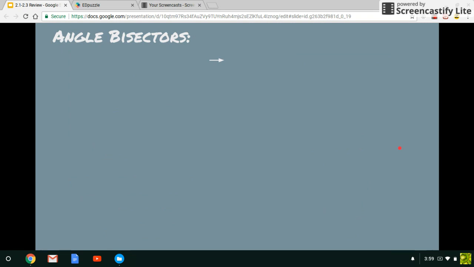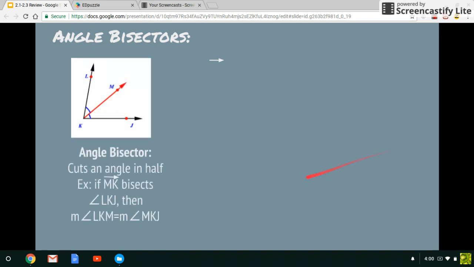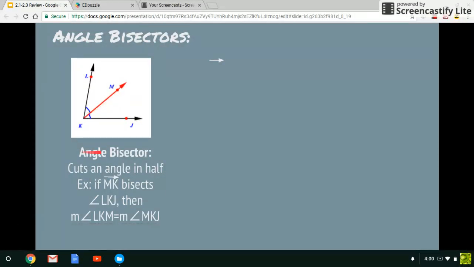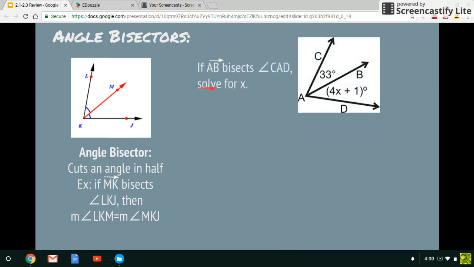Okay. So now, moving on to 2.3 angle bisectors. An angle bisector cuts an angle in half. So if MK, right here, bisects LKJ, that means that LKM and MKJ are equal. So these two angles are equal because this cuts it in half. Okay, so in this picture, if AB bisects angle CAD, solve for x.